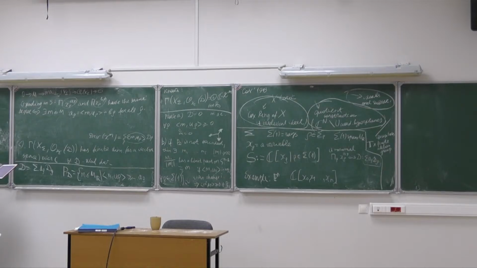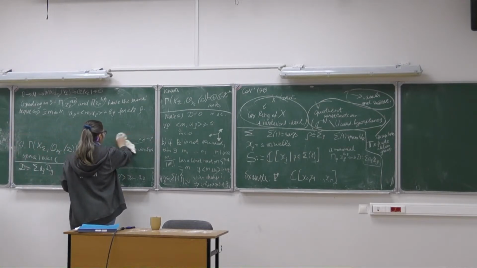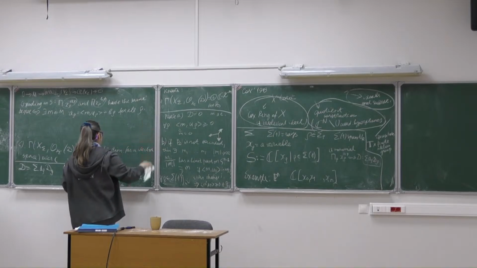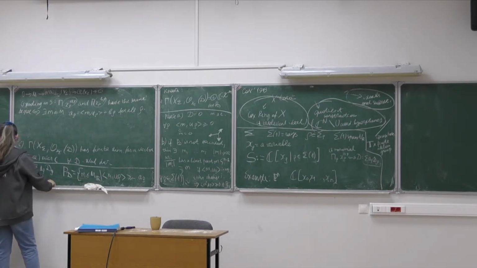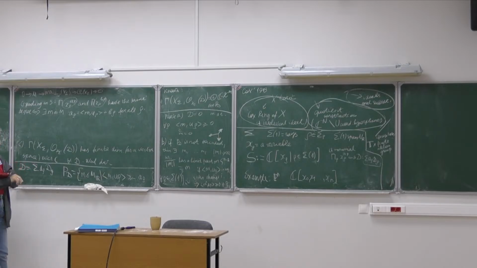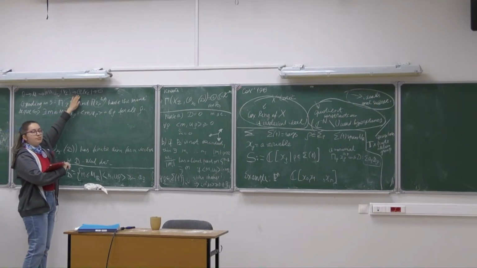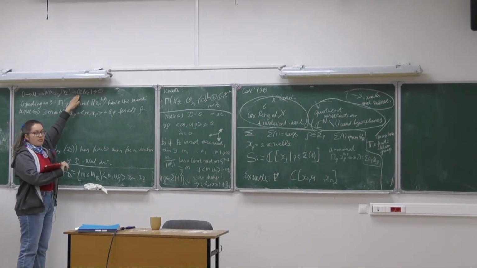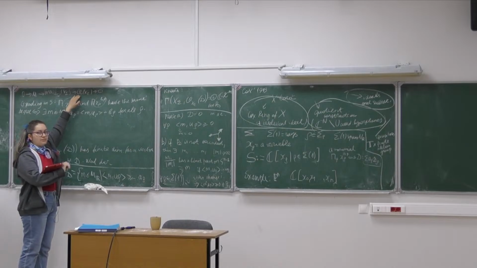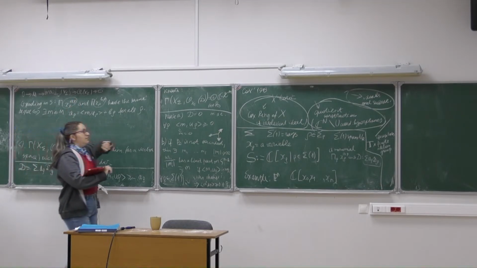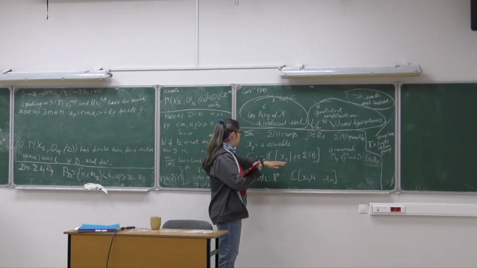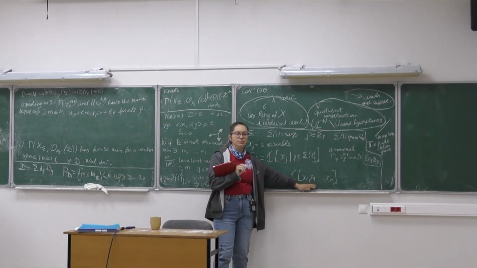So I want to say that this is a well-defined grading of our ring S by the monoid which corresponds to the positive part of the class group. Divisors can be effective, with all coefficients non-negative, or other ones. In fact, we obtain only the effective divisors, because we take only variables in non-negative degrees.